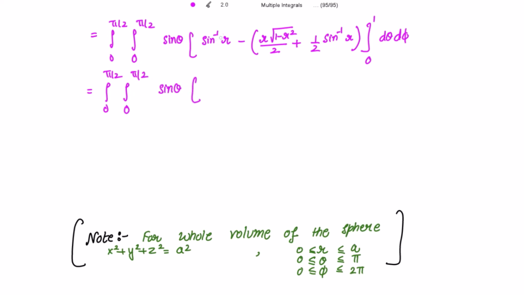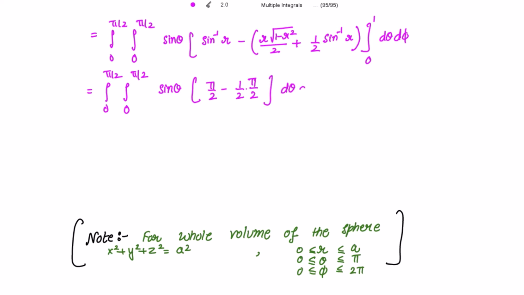When you put 1 over here, you get pi by 2. When you put 0, you get 0, and from here I get 1 by 2 into pi by 2. The negative sign is outside, so that is negative 1 by 2 into pi by 2. And when you put 0, here it becomes 0, then this is also 0, the whole thing becomes 0.